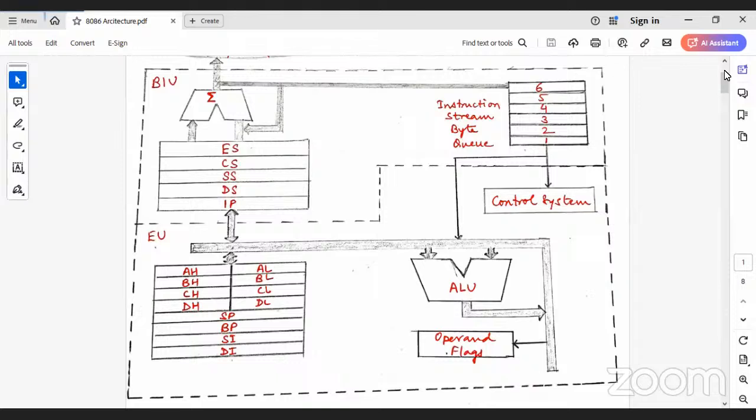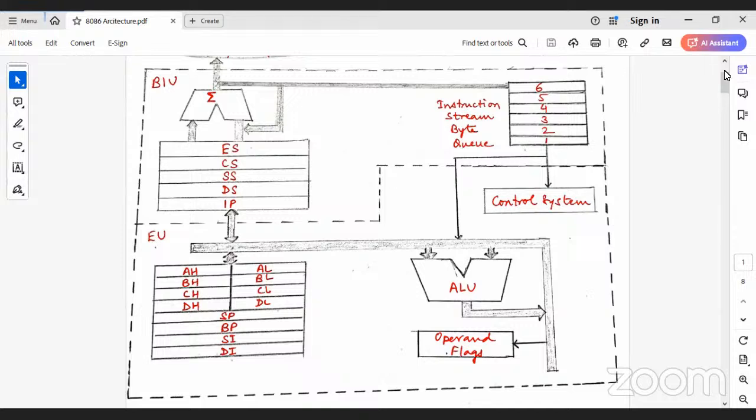Here your flag register is 16 bits. There the flag register was 8 bits, and whenever the arithmetic and logical operations are performed, the flags will change their status. That is what you know till now.